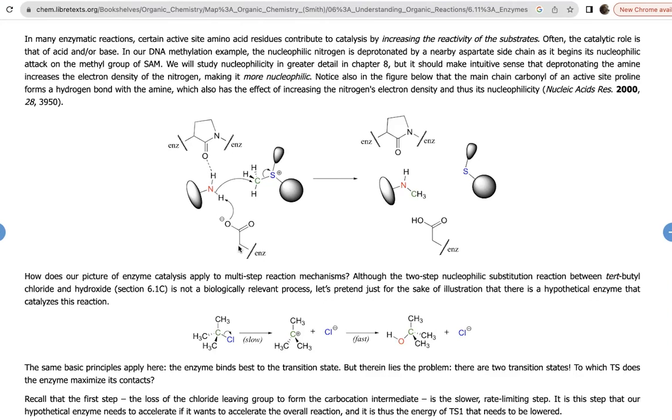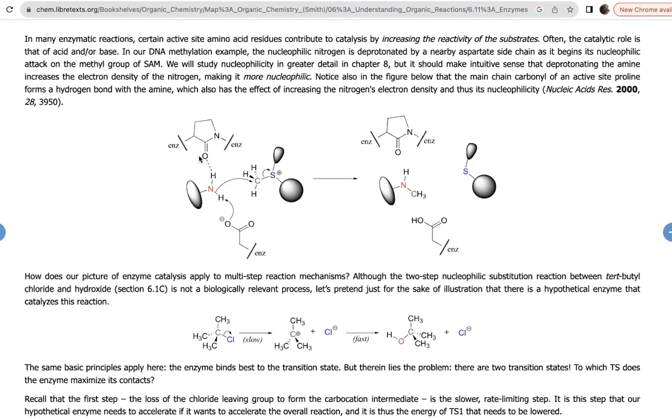In this case, it's showing us that we have an aspartate on this side, and on this side, we have a proline. Remember that proline is one of our weirdos. It's got this side chain that loops back on itself. What we're looking at here is the carbonyl oxygen on the backbone of the proline, whereas here, we're looking at the aspartate side chain.